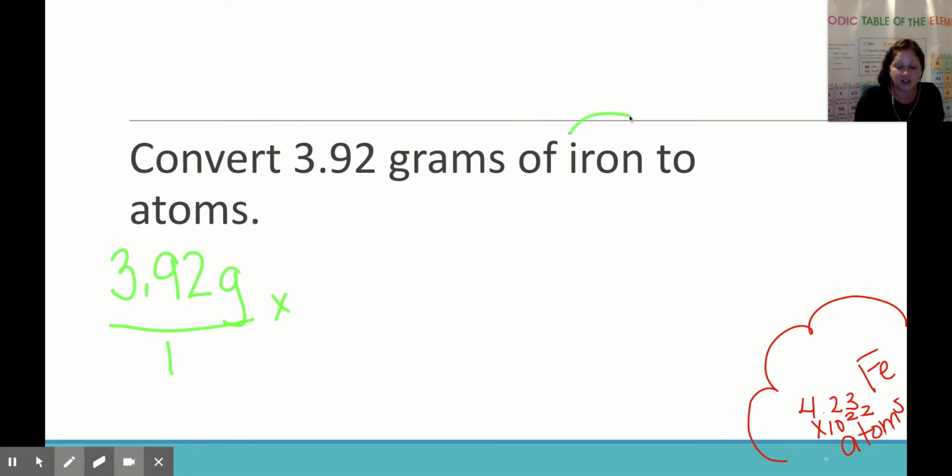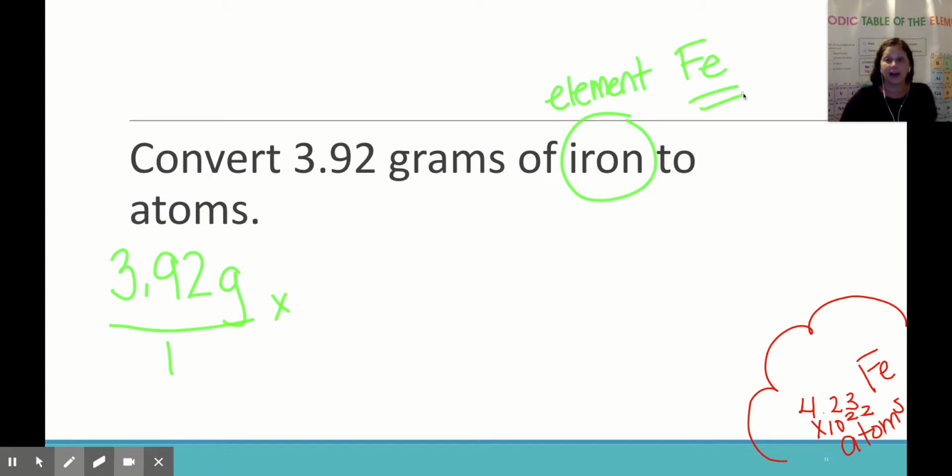When it is just a single element, like iron, we're just going to look on the periodic table to find the mass in grams that's equal to 1 mole. So everybody find iron on the periodic table. Iron happens to be number 26.